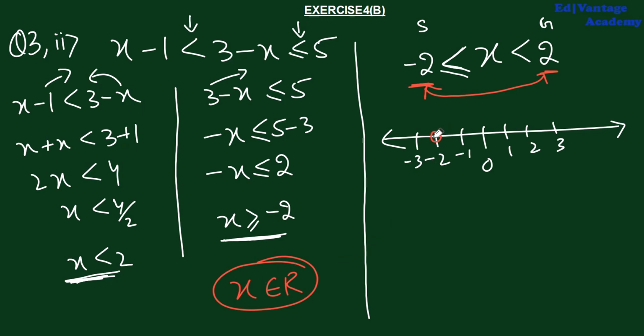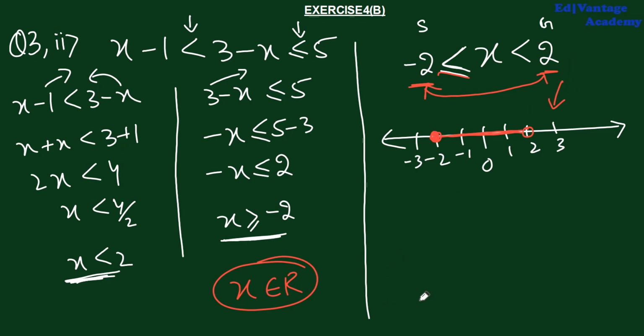So I'll start from minus 2 one circle and 2 another circle and join it. As I told you, all the numbers in between we are plotting as dots, means they are included in our solution set, and it will look like a line. Minus 2 will be shaded because it has equal to. 2 is not equal to. So this is our answer. This is our solution set's graph here. Fine.